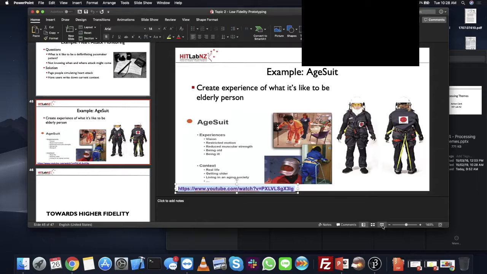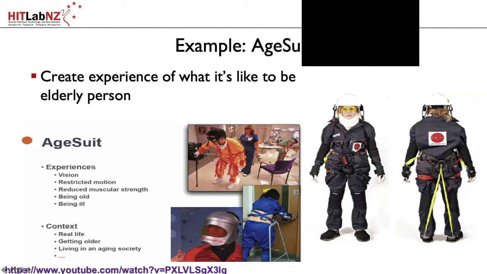So wear a suit which imposes those limitations on the people who are designing layouts of the stores, and force them to go through it, and it will hopefully provide some extra understanding and inspiration and empathy, such that they will be designing or laying out these stores with a bit more thought as to what the actual customers are going through.